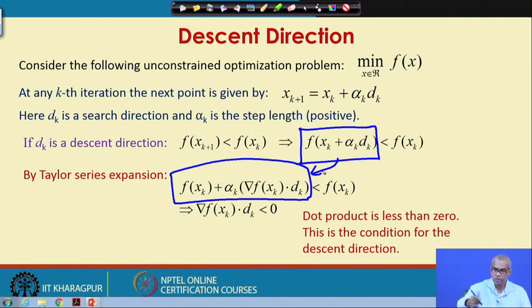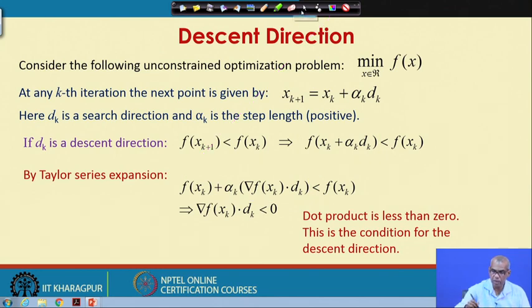So, from both sides we can drop f of x k, and then we see that alpha k into gradient of f dot dk is less than 0.